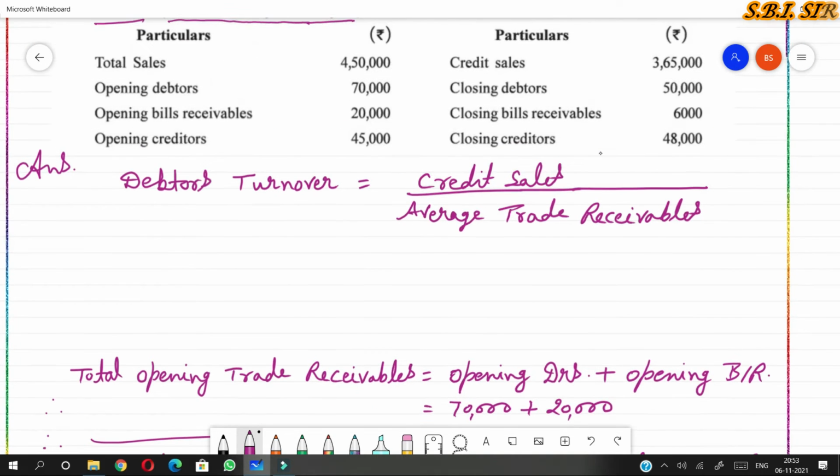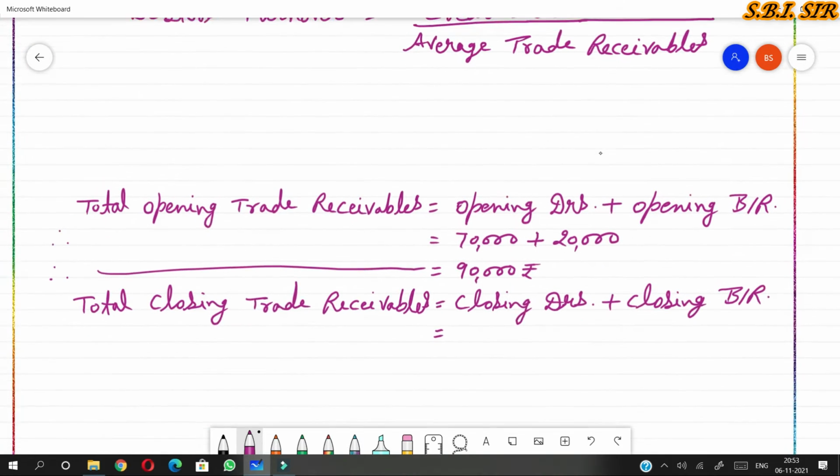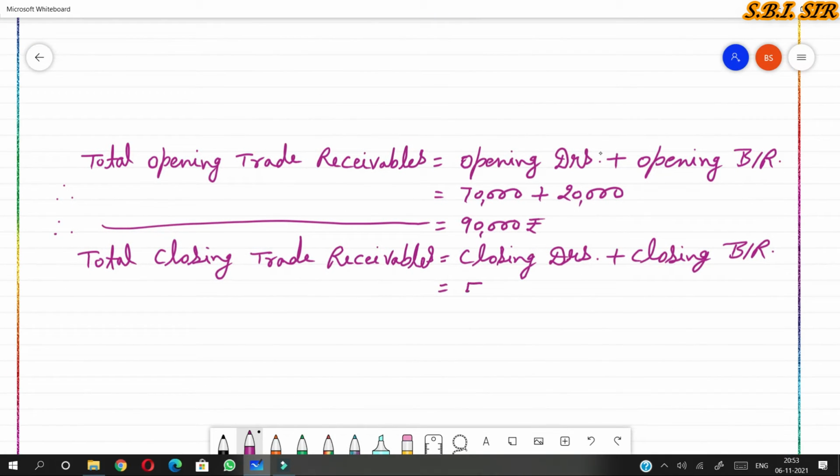Closing debtors are 50,000 and closing bills receivables are 6,000. 50,000 plus 6,000, then we will get 56,000 rupees. These are total closing trade receivables.